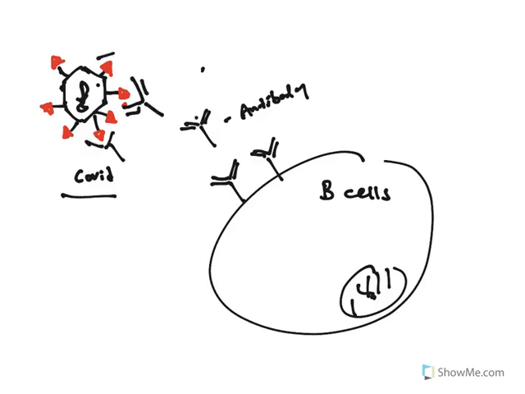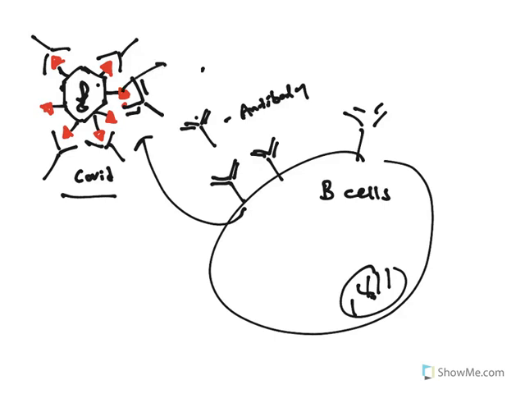See how these antibodies fit perfectly, and they bind and they neutralize this guy. This B cell is pumping out these antibodies, and they're binding to the virus. The part of the virus, the protein that the antibody binds to, in the vernacular, is called the antigen. So the antibodies are basically proteins made by the cell that bind to a protein on the virus, fit it perfectly, and neutralize it.